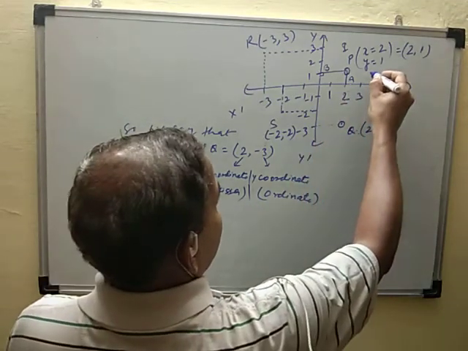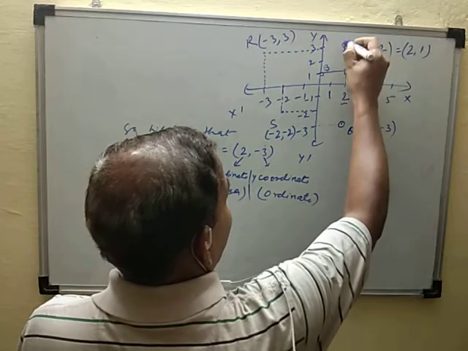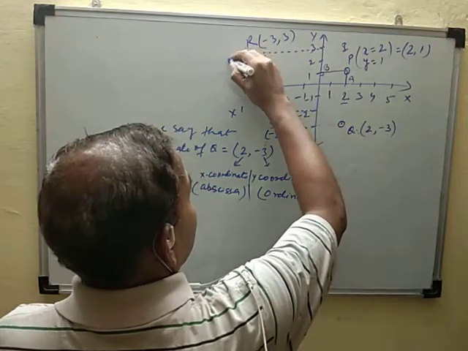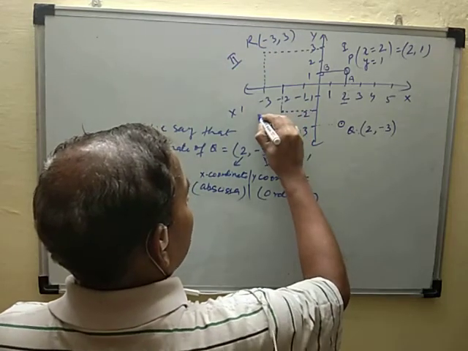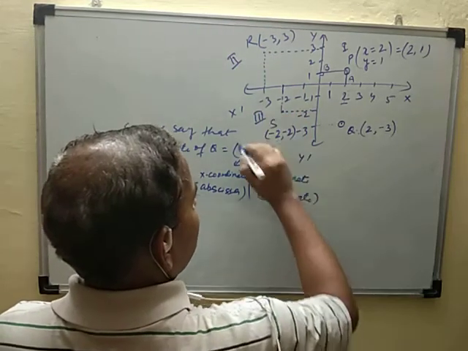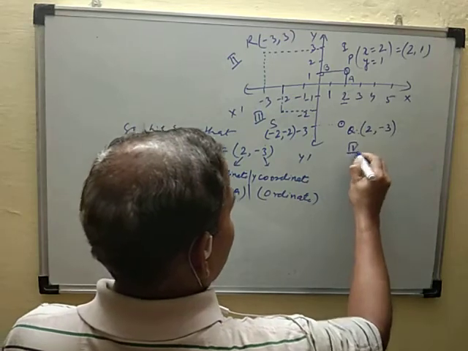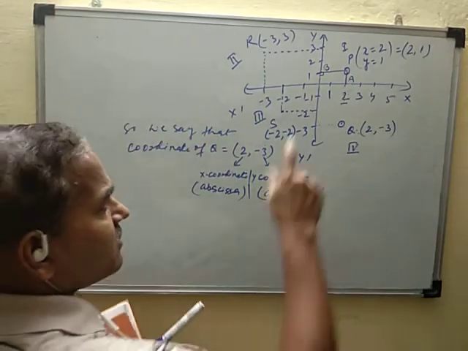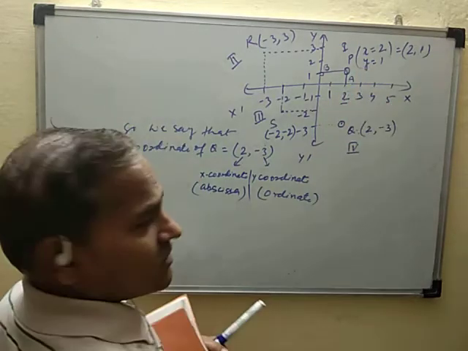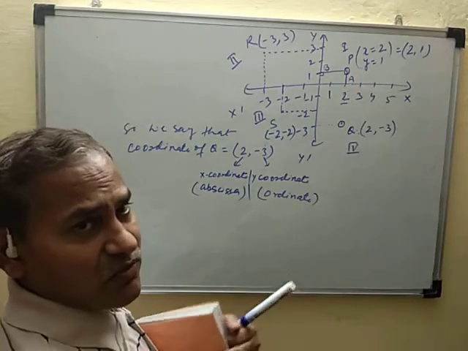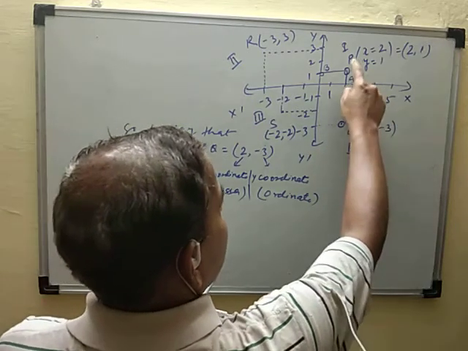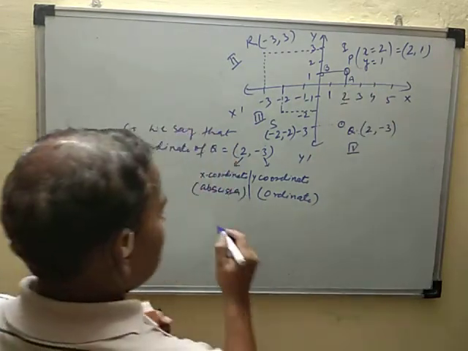And this one is called the first quadrant, this is called the second quadrant, this one is called the third quadrant, and this is called the fourth quadrant. So in the first quadrant, what is the coordinate of P?